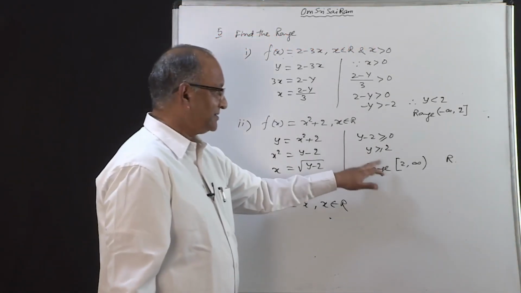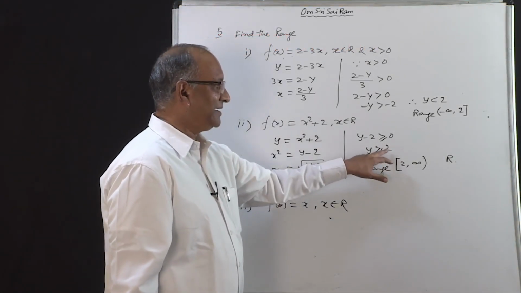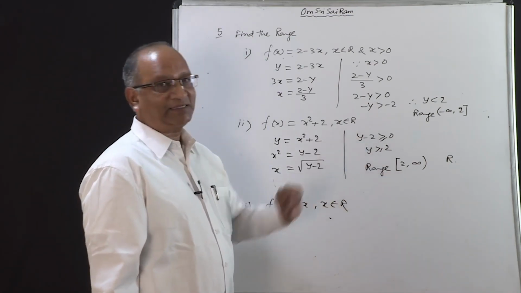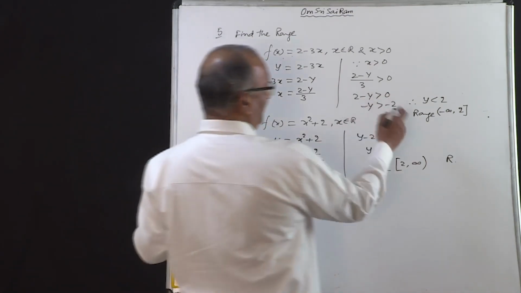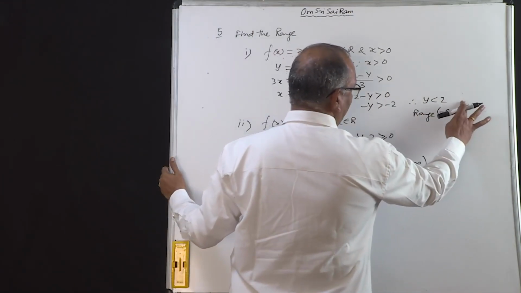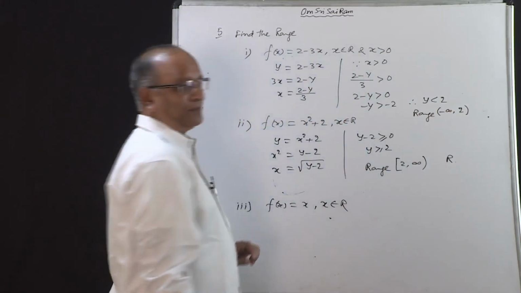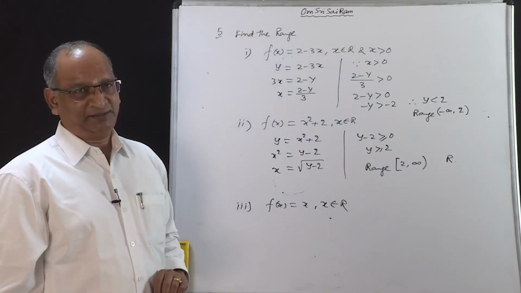So the range is starting from 2 because y is greater than or equal to 2. Since it is equal to 2, we take it as a closed interval, whereas in the previous problem it was less than 2, so it is not a closed interval, but an open interval because 2 is not included.